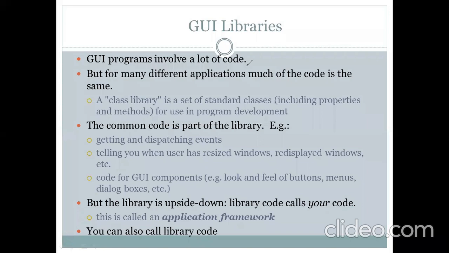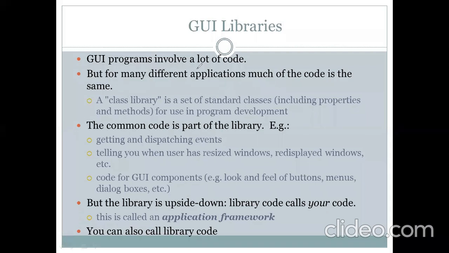A GUI program involves a lot of code. As we are saying, these are GUI libraries, which means they consist of different library classes, and they can involve lots of code or programs.